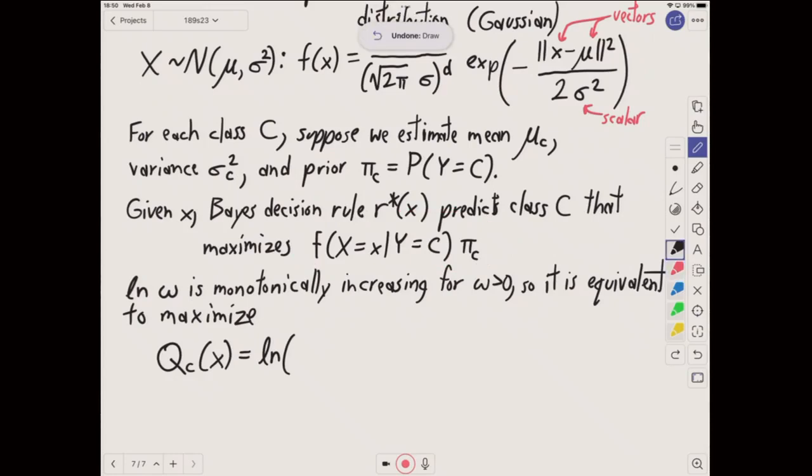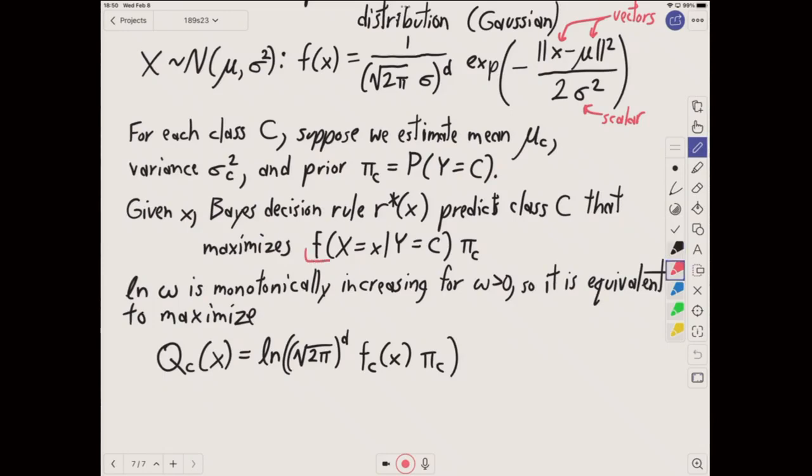And the constant in question is root of 2 pi to the power of d. And we have the PDF for class C at the point X, and we have the prior for class C, all in there.